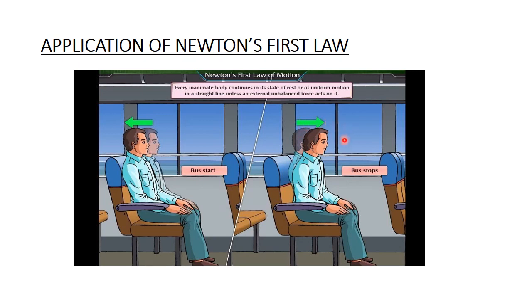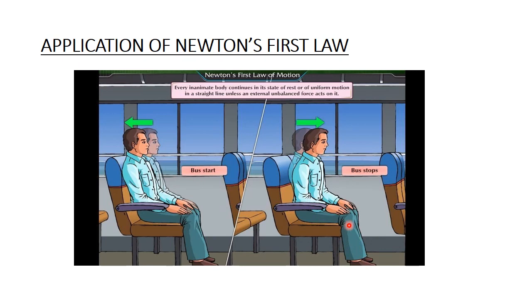So, what is the reason for that? Because when the bus is moving with a certain velocity, the feet which are in contact with the floorboard of the bus also have the same velocity. But if the bus suddenly stops, what will happen?